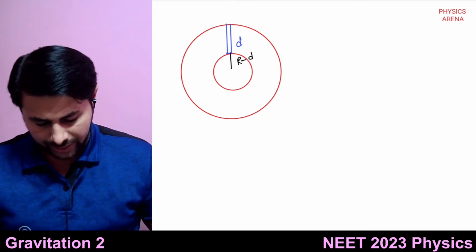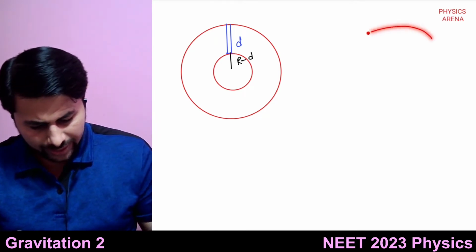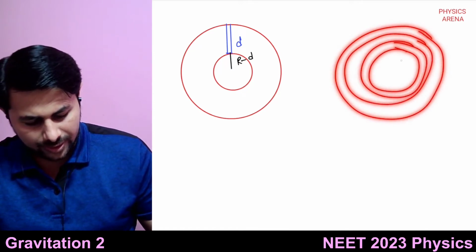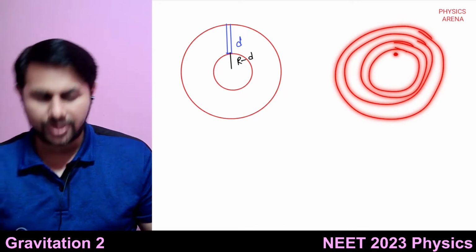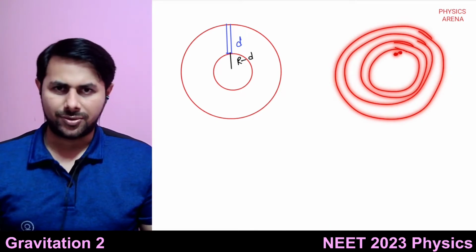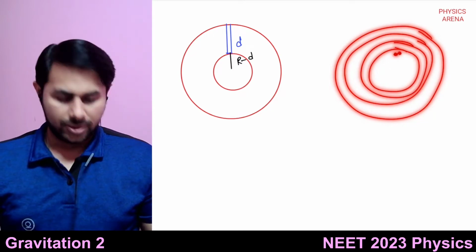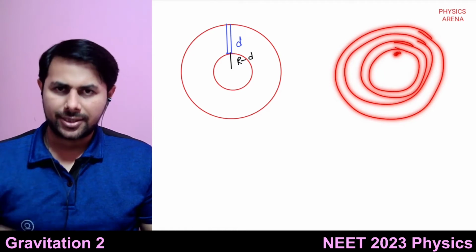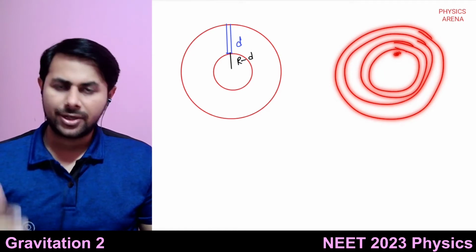So the acceleration due to gravity over here due to all these shells will be equal to what? Zero.